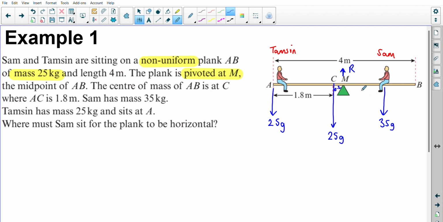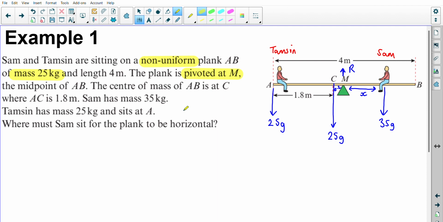Now I'm going to look at the distance from the midpoint, the pivot. So how far Sam must sit for the plank to be horizontal. That's what it's asking me for. So where must Sam sit for the plank to be horizontal? I'm going to call that distance x. That looks like what we're trying to find.